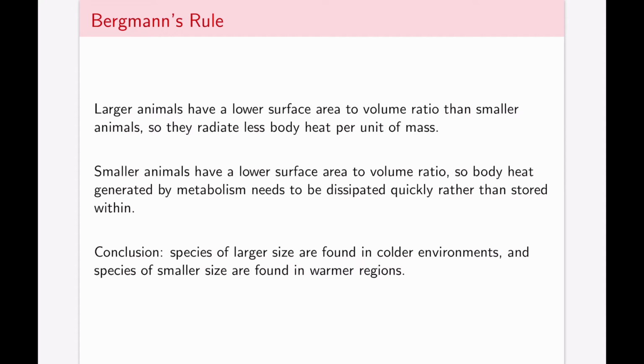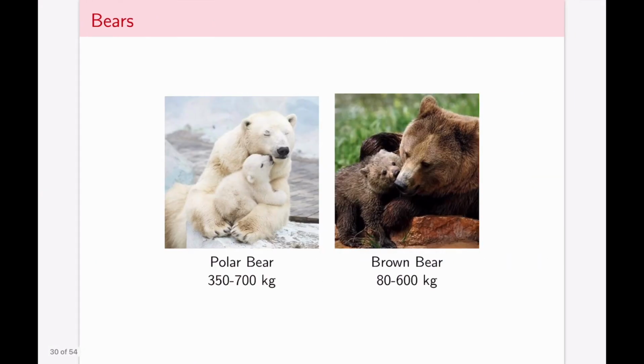And of course, because there are similar animals in different parts of the planet, we can actually collect examples of whether or not this is supported by observation. So, for example, bears: polar bears versus brown bears. The sheer difference in size seems to support Bergmann's rule or principle.